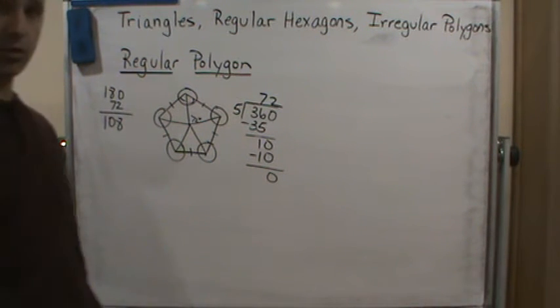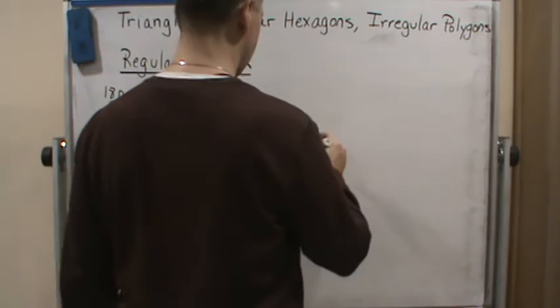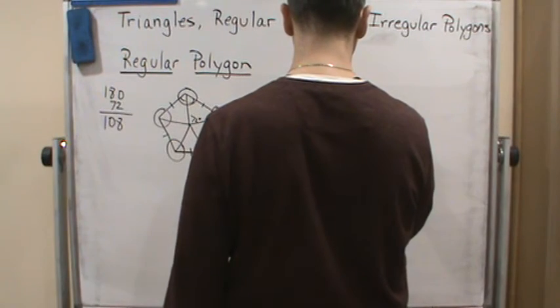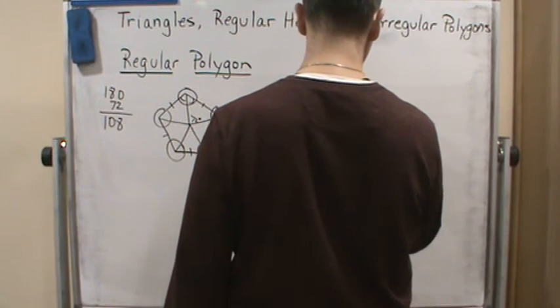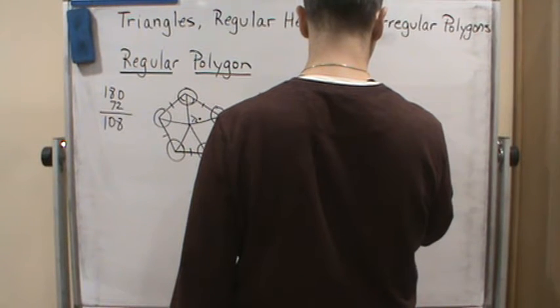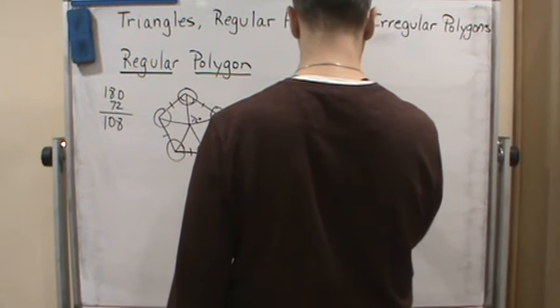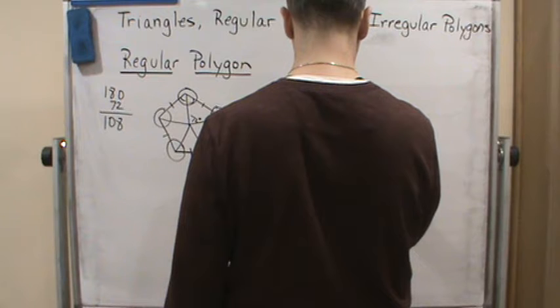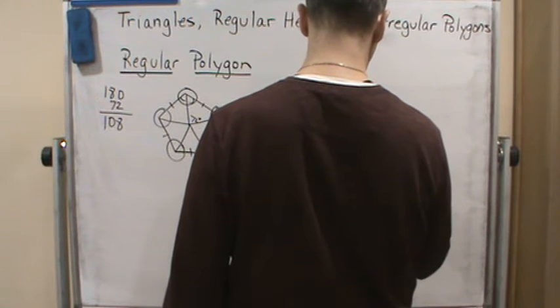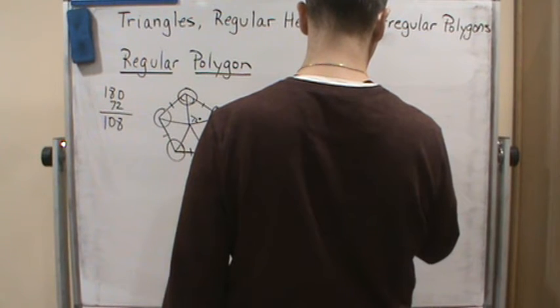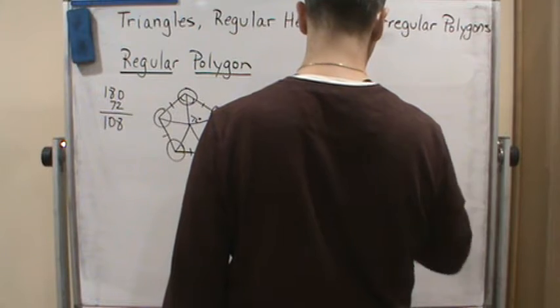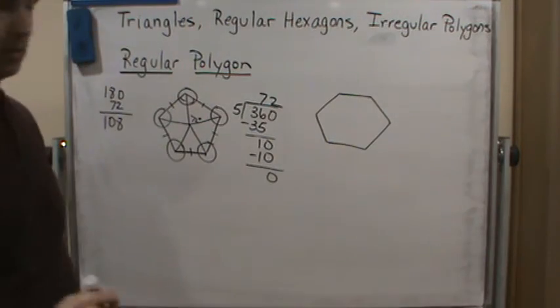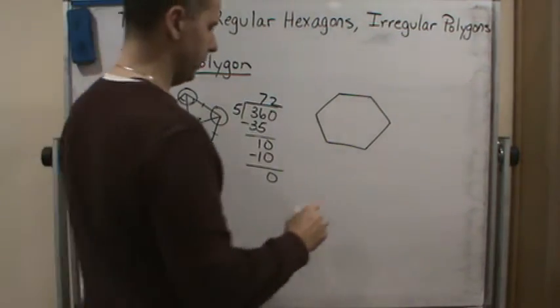Okay, now let's talk about hexagons. So what would a regular hexagon look like? Looks something like this. Okay, pretend it's a regular hexagon.